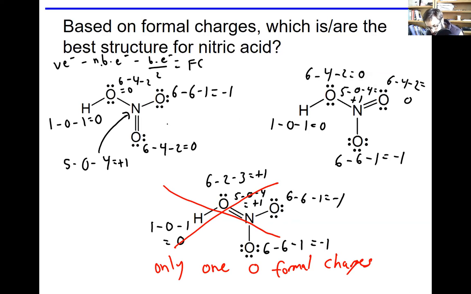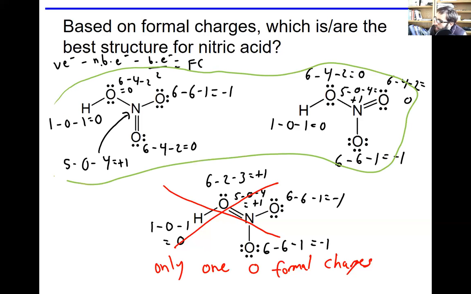So basically, the way to think about this is these resonance structures are both the same, and they're equally valid reflections of reality. And we could draw a double-headed arrow to show that they're interconverting.